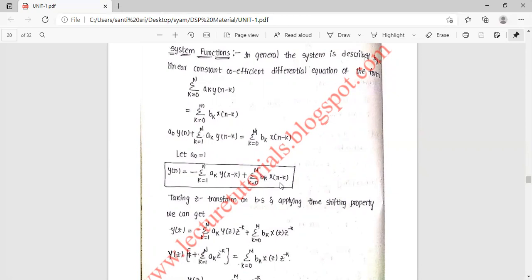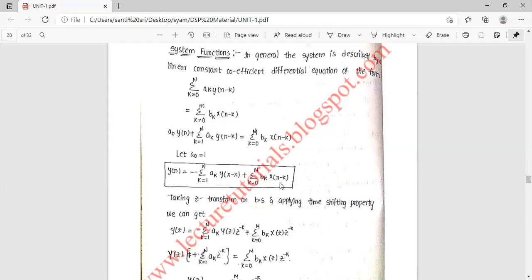So first of all, we will take the linear constant coefficient differential equation, that is sigma k equal to 0 to n ak into y of n minus k is equal to sigma k equal to 0 to m bk into x of n minus k. So sigma k equal to 0 to n ak into y of n minus k can be split as a naught into y of n plus sigma k equal to 1 to n ak into y of n minus k, and it is equal to sigma k equal to 0 to m bk into x of n minus k.